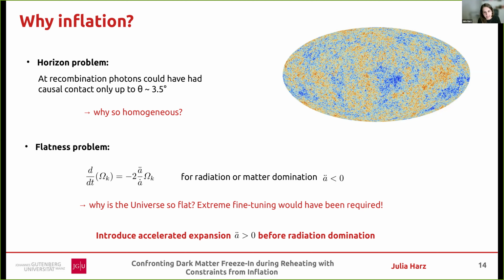The second reason why it's interesting to think about inflation is the so-called horizon problem. We have tiny temperature fluctuations in the CMB, of order 10 to the minus 5 with respect to the total temperature, but in principle we can only explain a causal contact up to 3.5 degrees of the full 360-degree sphere.